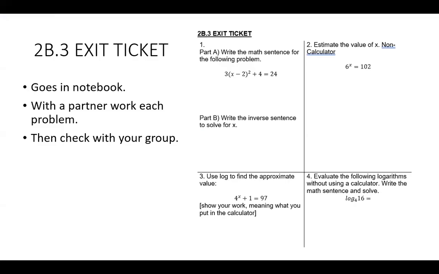This is the last page for our notebook check, by the way. With a partner, you're going to work through each problem, and then check with other partner groups to see if you and your partner did it correctly. So it's cumulative of 2B.1, 2B.2, and 2B.3. Got it? I'm going to give you 10 minutes to work. Capiche?